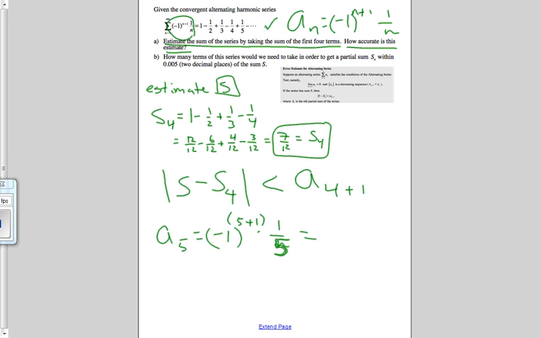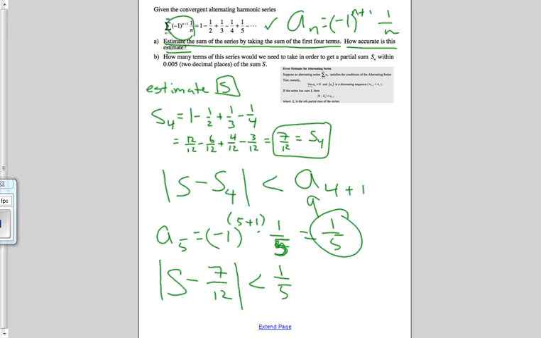This equals 1/5. So our 5th term is 1/5, and this value is as big as our error estimate could be. Said more succinctly, we know that the actual sum minus s sub 4, which we found as 7/12, must be less than 1/5.